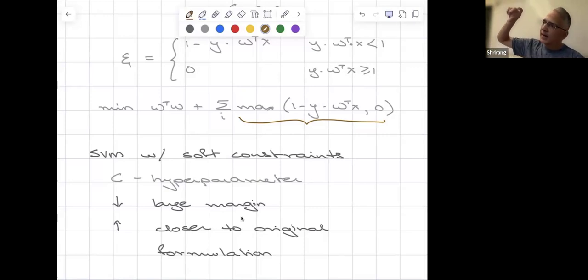But as I increase the value of C, the slack variable importance becomes higher, so we'll try to make that as low as possible, and then it'll be similar to the original SVM formulation. It depends. We've got to play around with it to figure that out.